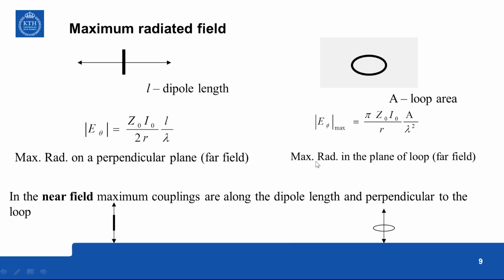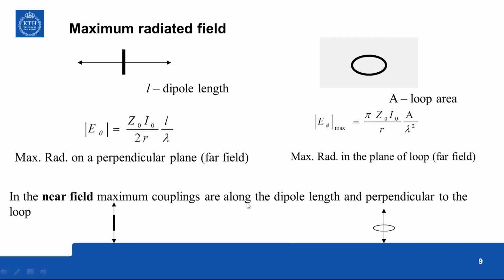Now here maximum radiation is in the plane of the loop in the far field, and A is the area of the loop. So maximum field in the far field direction is proportional to the current, inversely proportional to the distance, and proportional to the ratio of the area of the loop divided by lambda square, wavelength square.